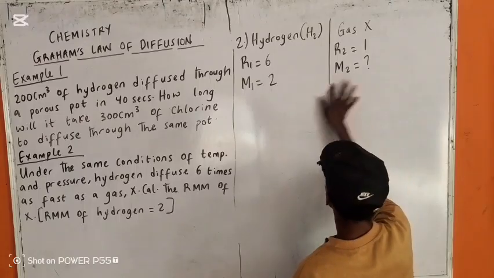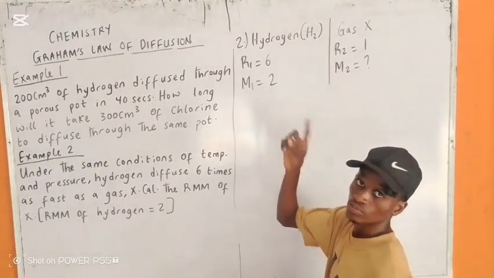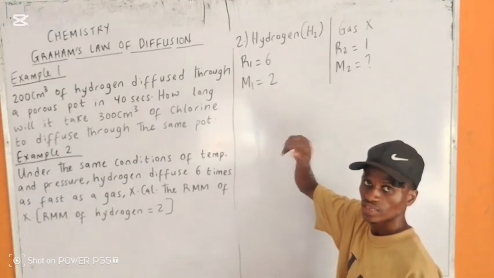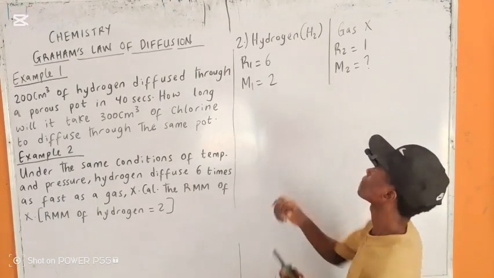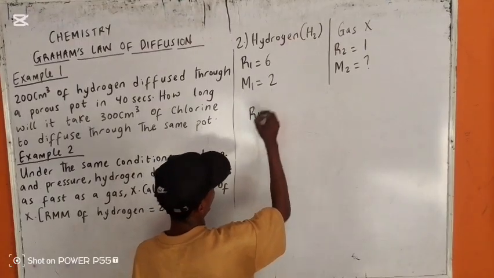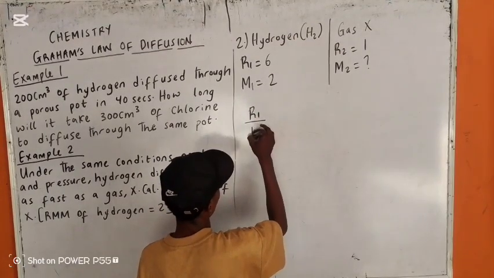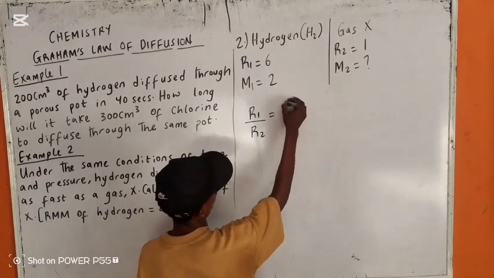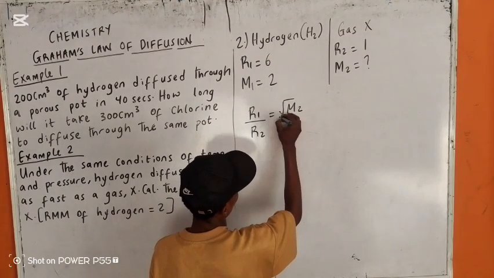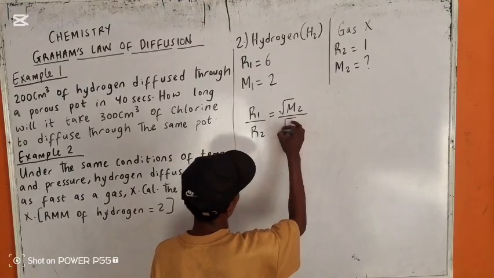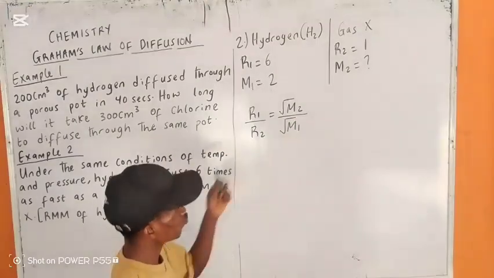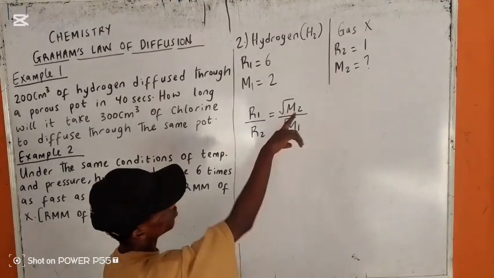So what do we do here? We make use of the first formula that I derived. You can watch that in the part 1 video. So we have R1 over R2 equals square root of M2 over square root of M1.